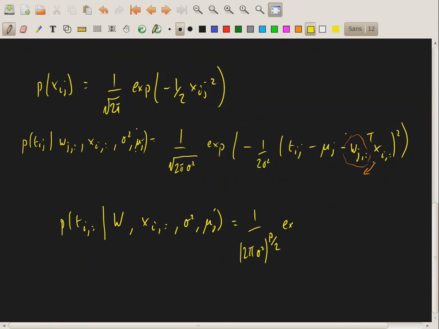And then the product in the exponential means a sum: the sum of j equals 1 to p of tij minus mu j minus wj colon transpose xi colon, squared, all over 2 sigma squared. So that's our likelihood for the ith data point.